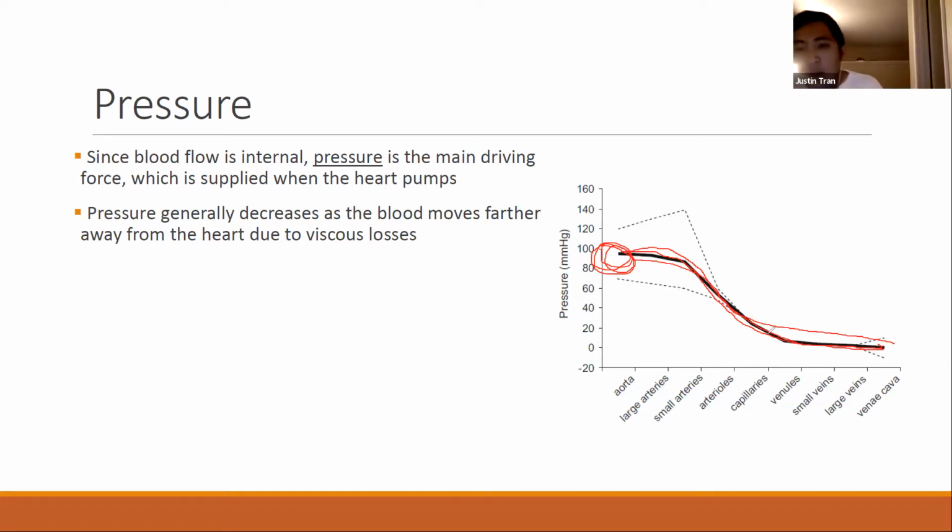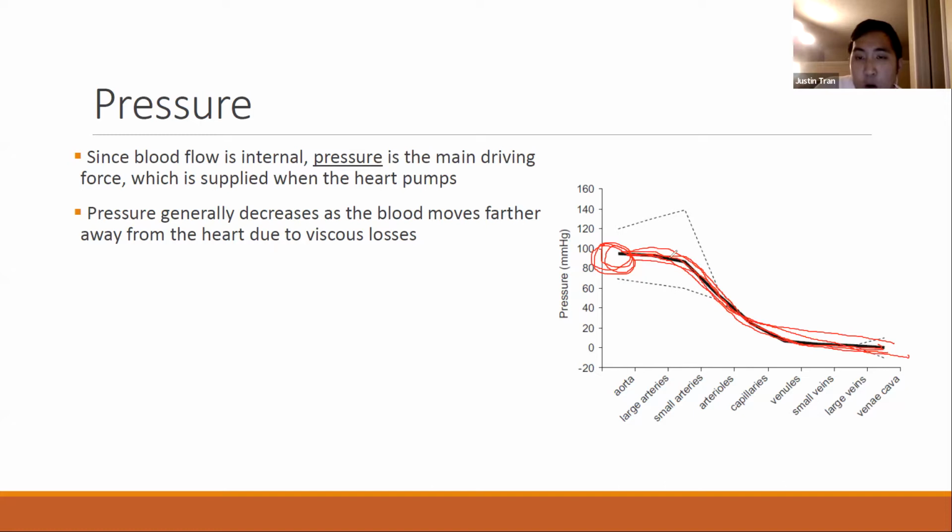Right. And so if you remember from fluid mechanics, if you remember the unit on pipe flow, we talked about this as well, right? And so anytime you have fluid that's flowing through a pipe, you have what are called head losses, right? And so those head losses are due to the fact that you have friction inside the flow, right?